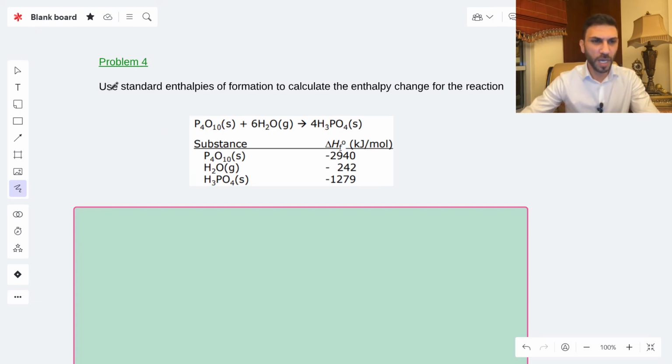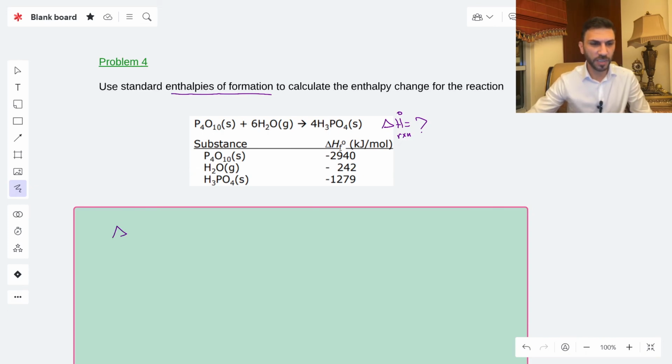Last problem: use standard enthalpies of formation to calculate the enthalpy change of this reaction. We have the desired reaction, delta H is unknown for the reaction, and we have the enthalpies of formation.